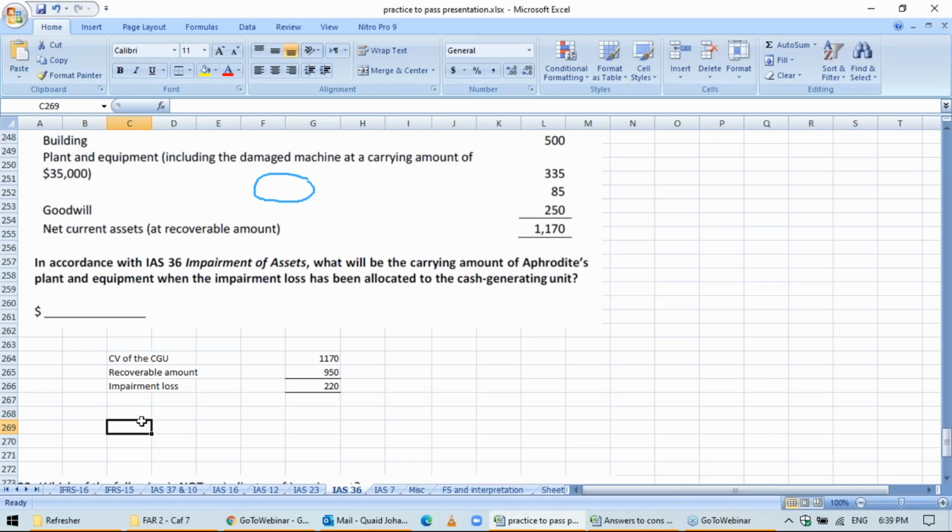So what's happening is that I have a building, and the book value of the building is 500, right? Then I have plant. I have two types of plant. One that is damaged, make it separate. The damaged one is of 35,000, and the others are of 300,000.